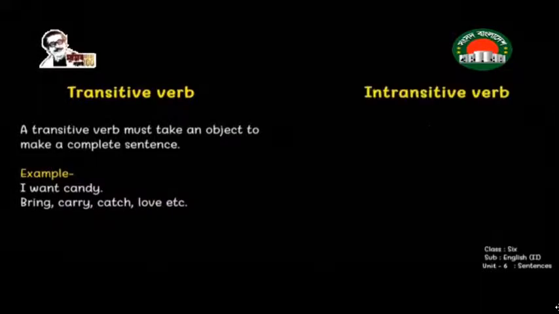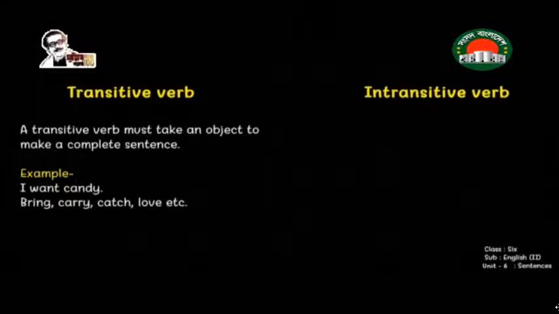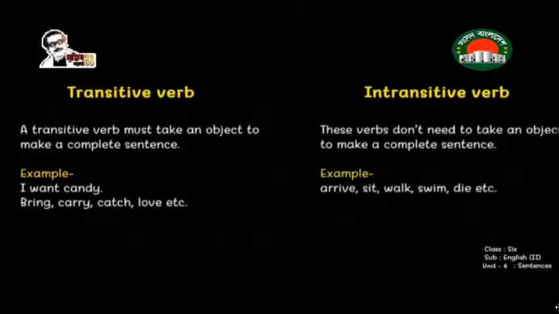So what is actually an intransitive verb? It is just the opposite of a transitive verb. These verbs don't need to take an object to make a complete sentence. For example, arrive, sit, walk, swim, die. These verbs don't need an object.